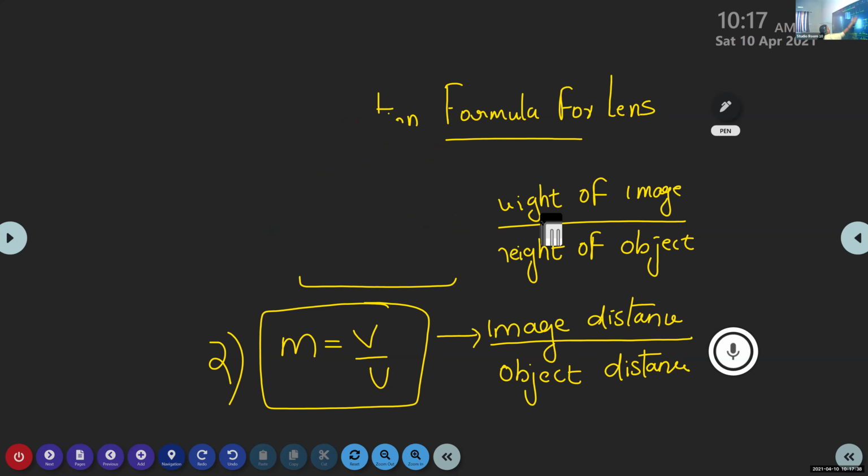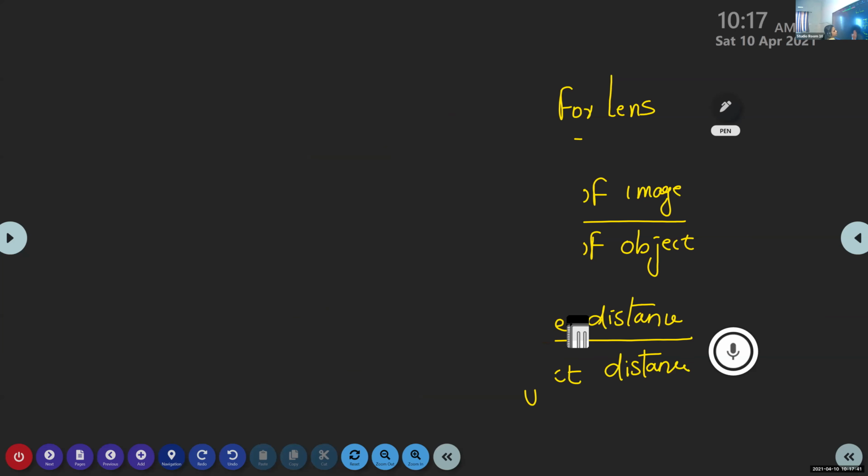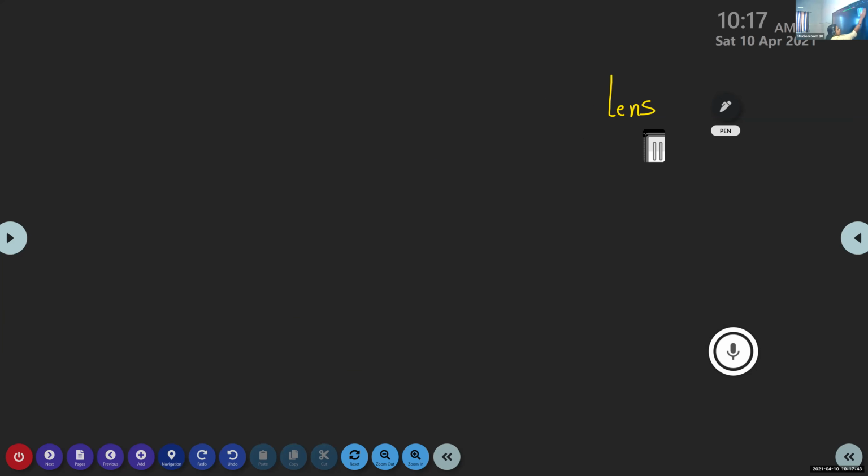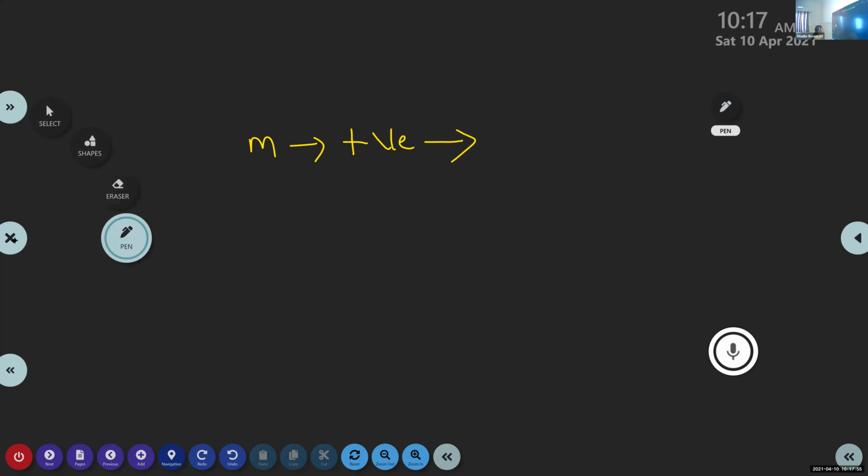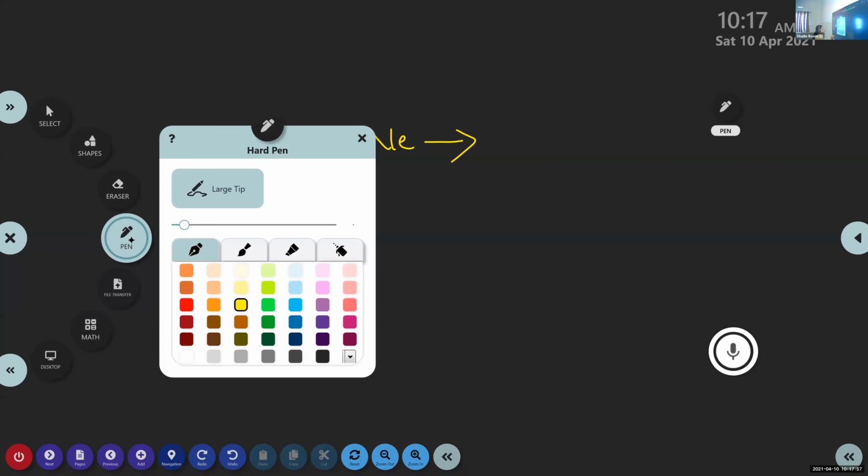Now, depending upon the values of magnification, same as that of the mirror, we can predict the nature and size of the image. That is, if M is positive, what about the nature of the image? Quickly recall.